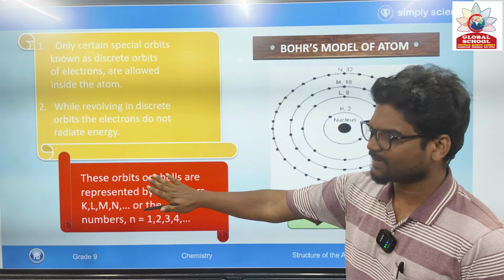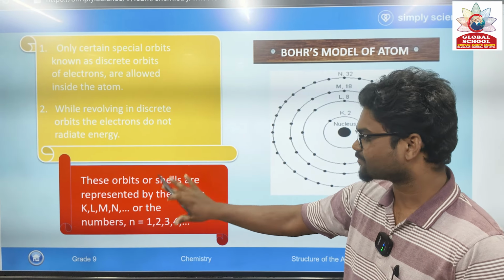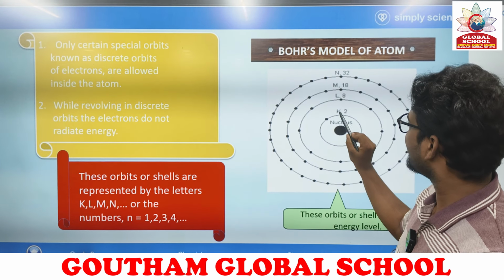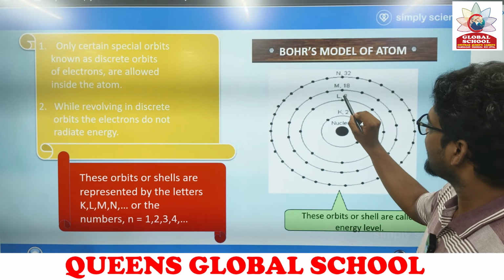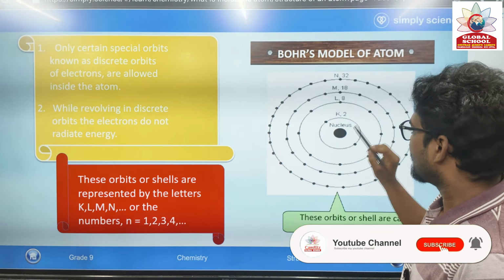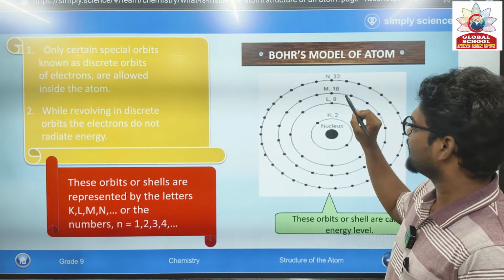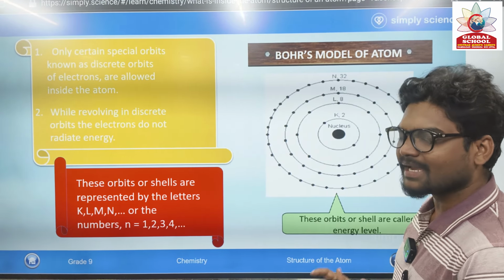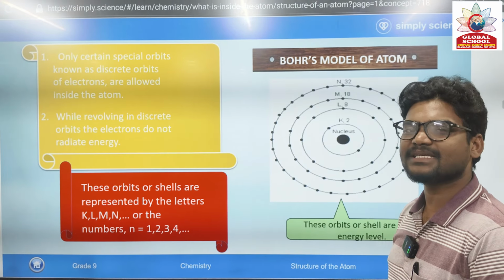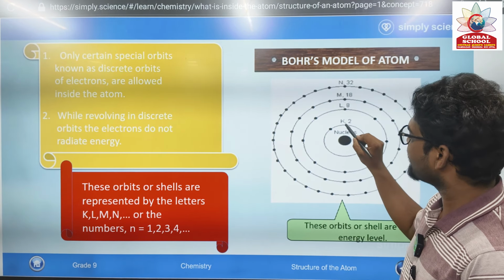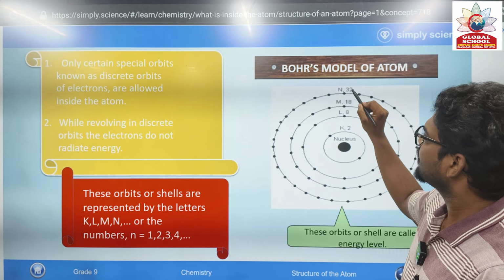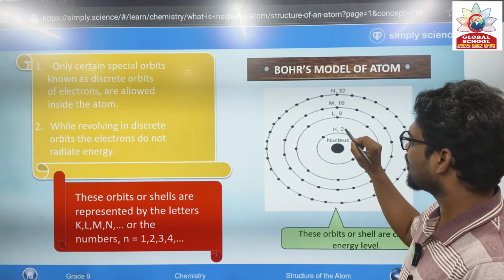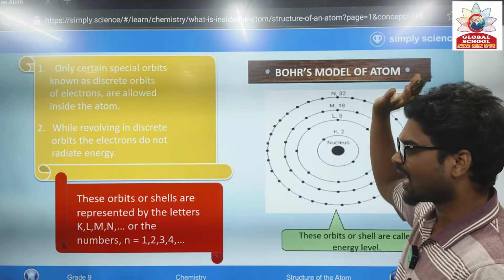These discrete orbits are also called shells, and are represented by letters: K, L, M, N. This orbit is named K, this is L, this is M, and this is N. In number form, they are represented by integers: n = 1, 2, 3, 4, 5 and so on.